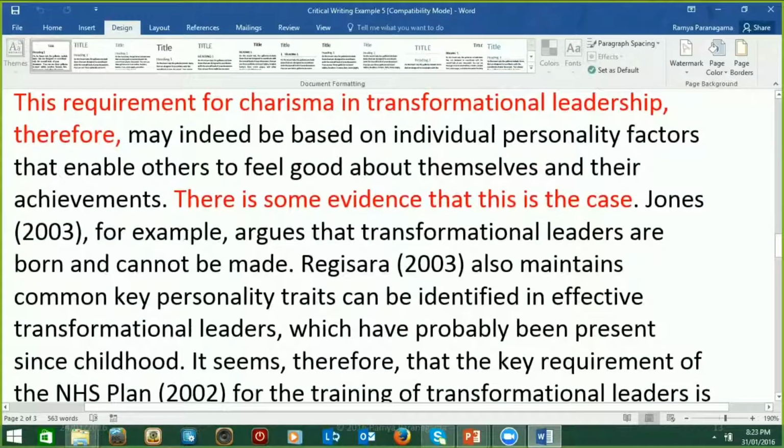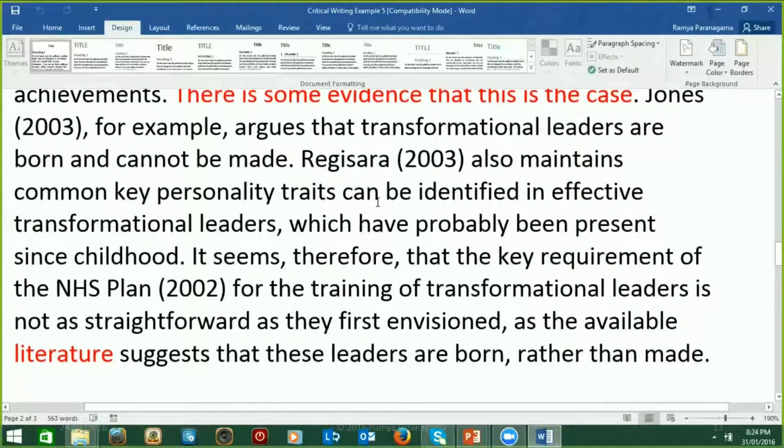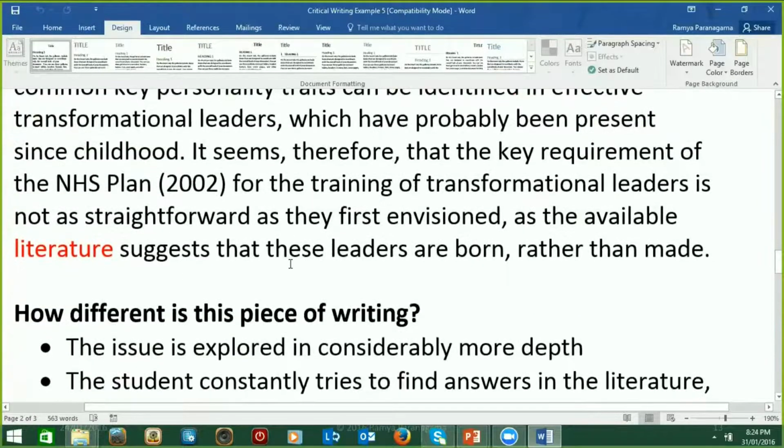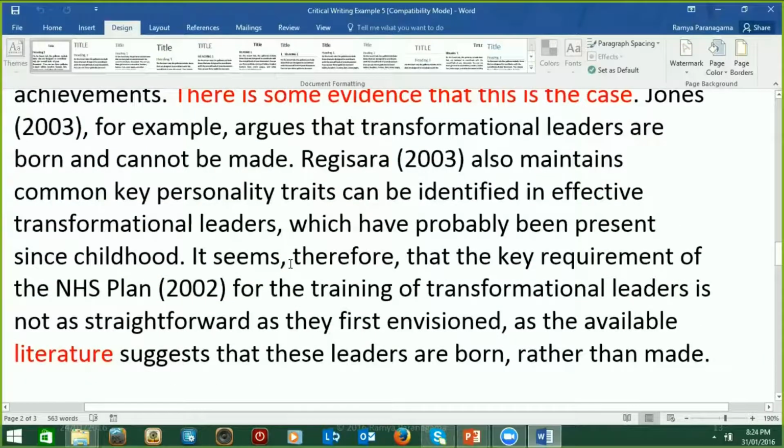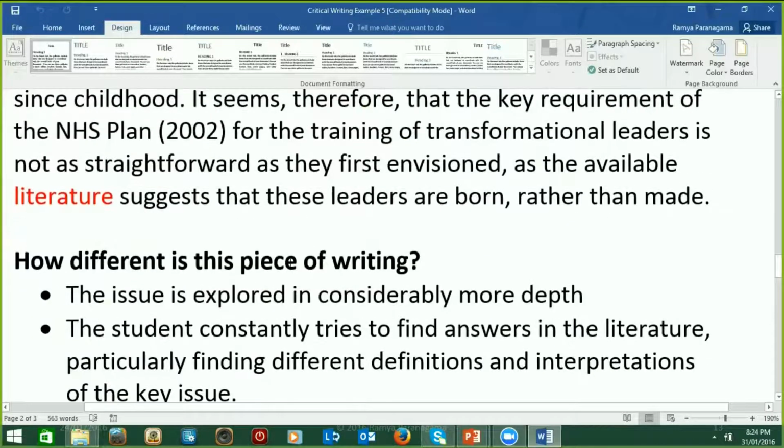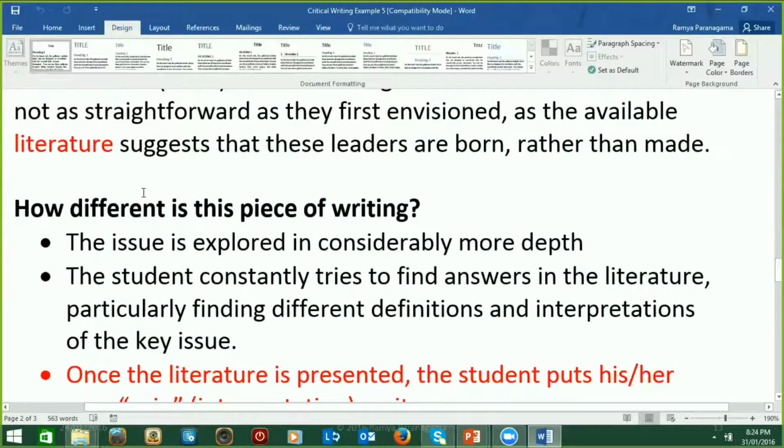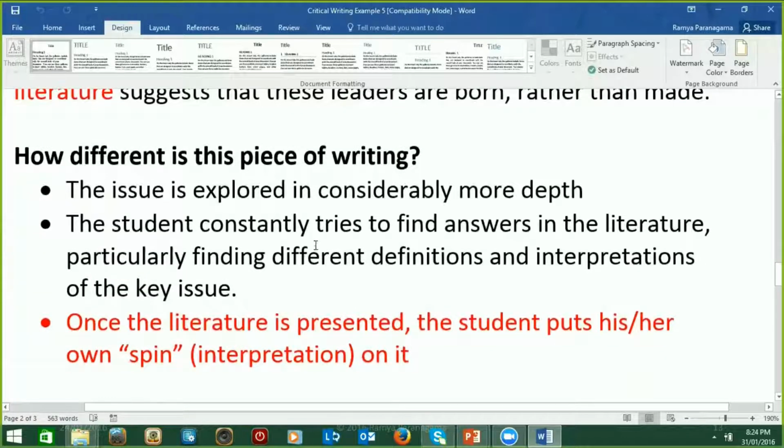So it is supported by a number of different authors, and there is a lot of analysis going on, evaluating, finding strengths and weaknesses of the arguments, right? Let's look at this one. How different is this piece of writing? The issue is explored in more depth compared to the first four. In this, the student constantly tries to find answers in the literature, particularly finding different definitions and interpretations of the key issue, what?